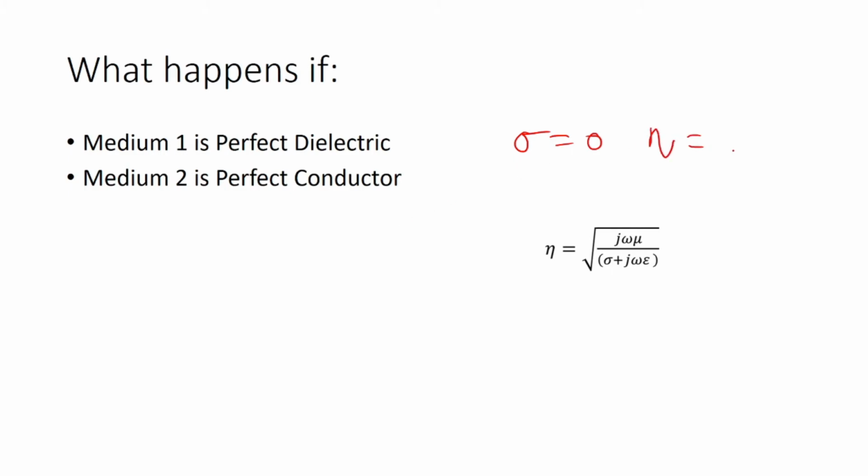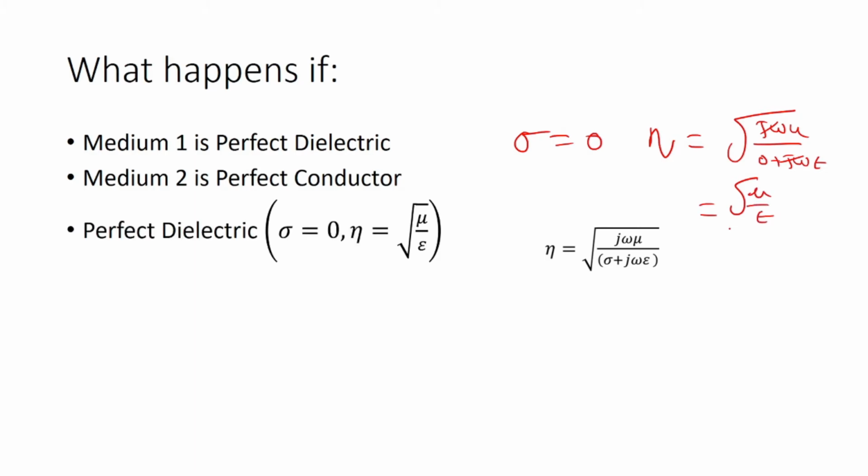Therefore, eta equals root over j omega mu by 0 plus j omega epsilon. J omega cancels, giving root over mu by epsilon. So for a perfect dielectric, when sigma equals 0, the intrinsic impedance is root over mu by epsilon.